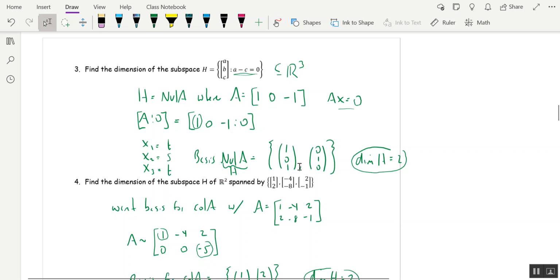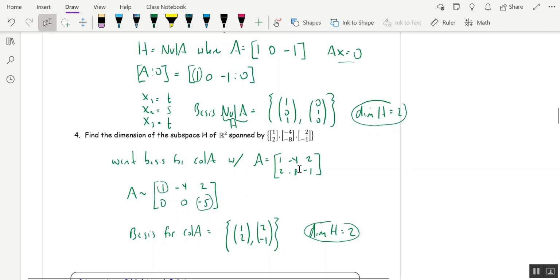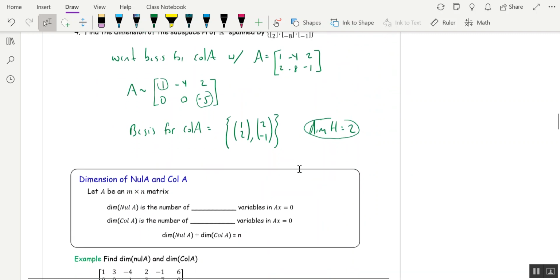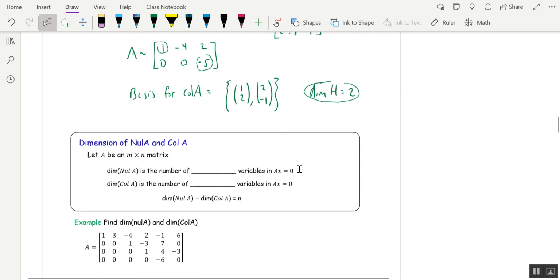All right, so now I'm going to preview some stuff from the next lecture, which is dimension of null A and dimension col A. If A is an M by N matrix, the dimension of null A is the number of blank variables in AX equals 0. Well, what would go there? Think about it.